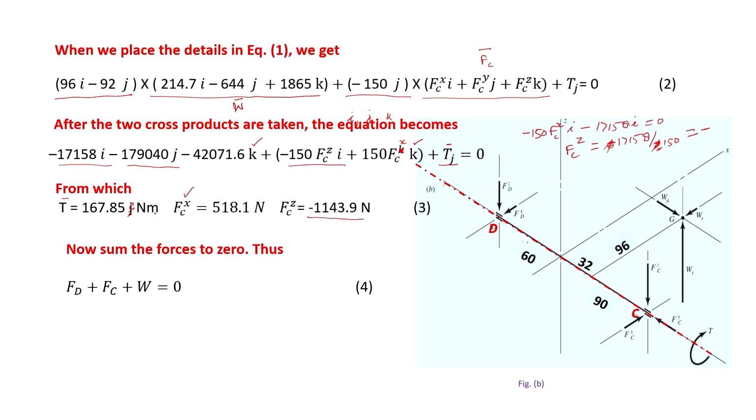Now, sum the forces to 0. That means the summation of all forces should be 0. The Fd vector, Fc vector and the W vector will sum to 0.